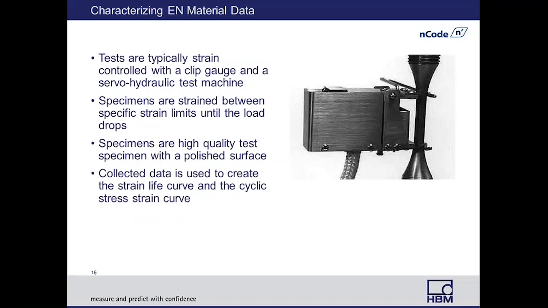These specimens are cyclically strained between strain limits until the load begins to drop, and at that point we assume a failure has occurred. These specimens, just like with stress life, are of high quality. They have a polished surface finish so that there's good repeatability between the specimens. We then collect data that we can plot on a strain life curve, and we will also be creating something called a cyclic stress strain curve. So let's go ahead and take a look at those.